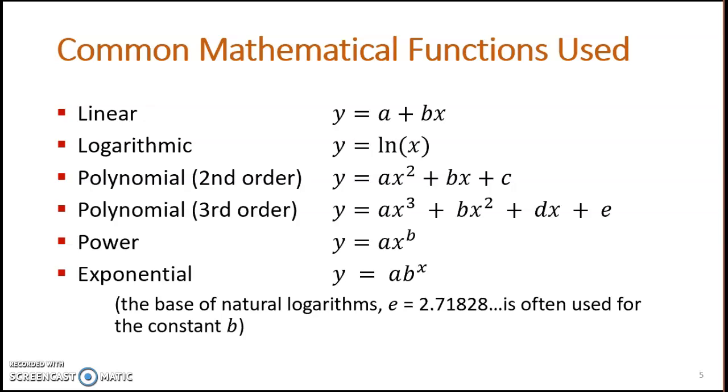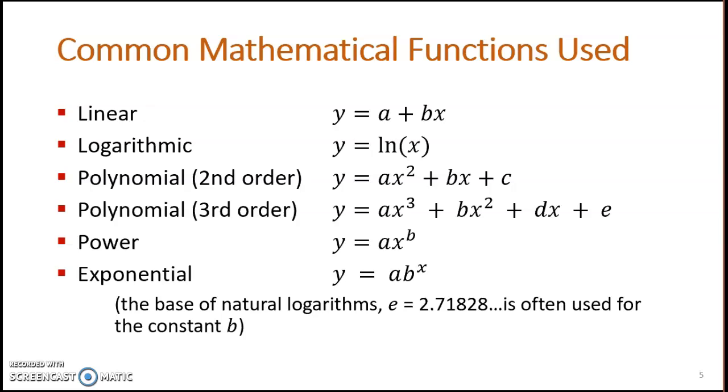Logarithmic functions are used when the rate of change in a variable increases or decreases quickly and then levels out. This tends to be used in marketing models where constant percentage increases in advertising, for instance, result in a constant absolute increase in sales.